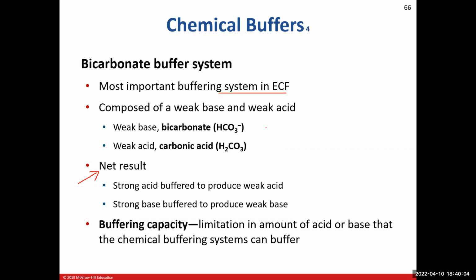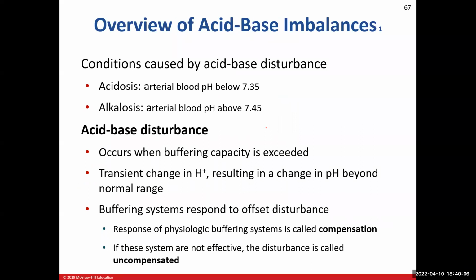So that's going to lead us into this next part, and that's where we're going to talk about our acid-base imbalances here. So when we look at the pH value of our blood, if we fall below 7.35, then we're dealing with what we call acidosis. If we are above 7.45, then our arterial blood is going to be alkalosis.